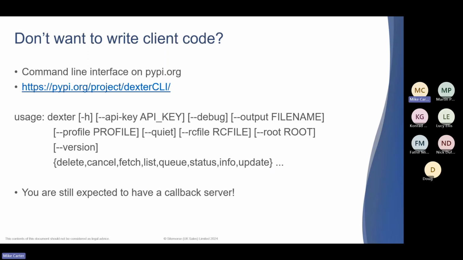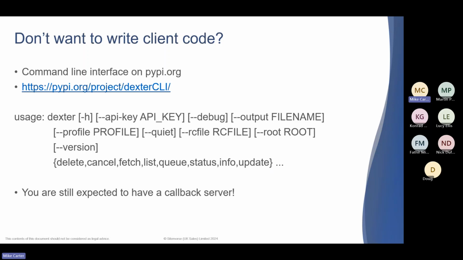So, for example, you can pass your API key, and for those of you who didn't write a callback server and you want to know what you've got, you can put in your API key and do list. That'll return all of those IDs of everything that we are running for you or have run for you.